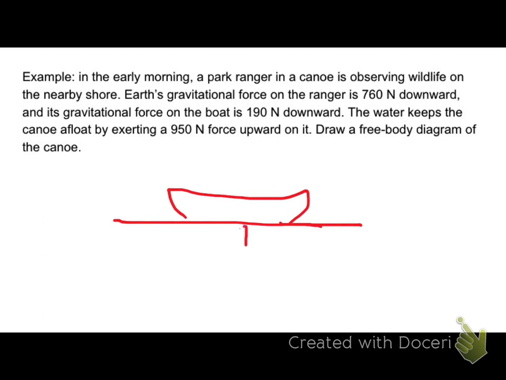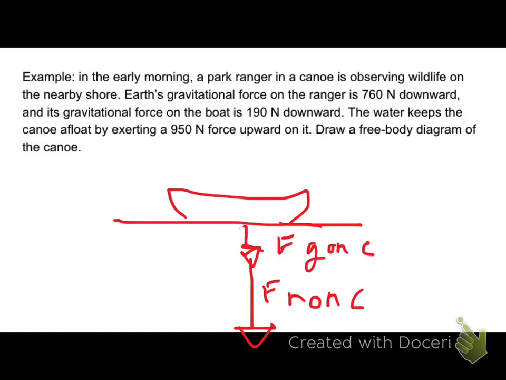So we would have a shorter arrow for the 190 newton force, and then a longer one for that 760. So you could say force of ranger on canoe, and then this one up here is force of gravity on the canoe.